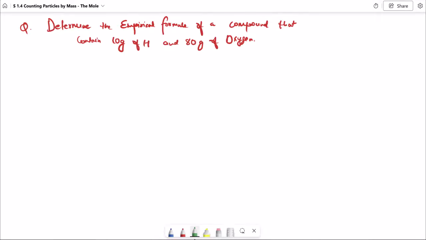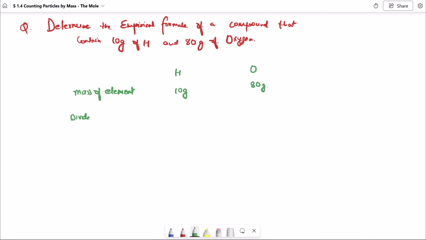So first, you can write mass of element. Let me write for hydrogen and for oxygen. So mass of hydrogen given in the question is 10 gram. This is 80 gram. Right? How many moles are there? So what you have to do?